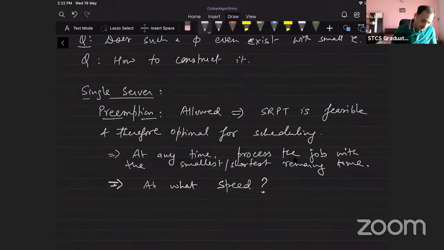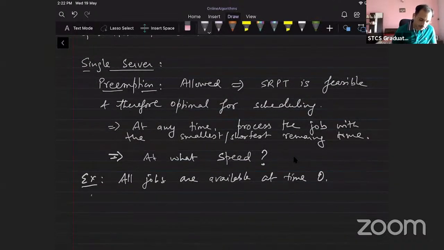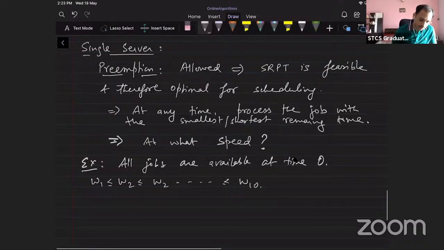Okay, so let's do a simple exercise. Suppose all jobs are available at time 0. Let's say you have job 1 with size W1, job 2 with size W2, up to W10. So let's say there are 10 jobs with sizes W1 through W10.